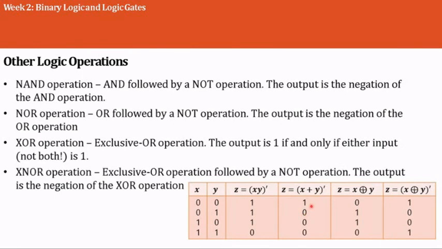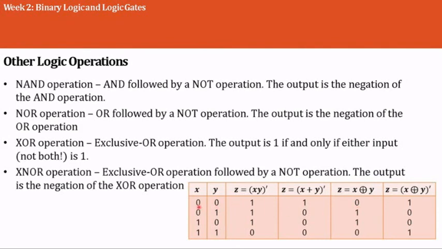How about XOR? For XOR, the output is 1 if and only if either input, but not both, is equal to 1. If both inputs are similar, for example x is 0 and y is 0, so both of them are 0, therefore our output will be 0.